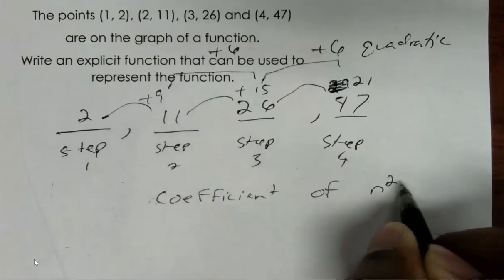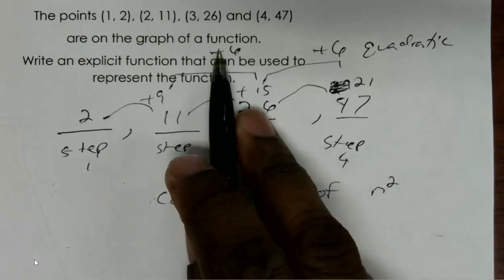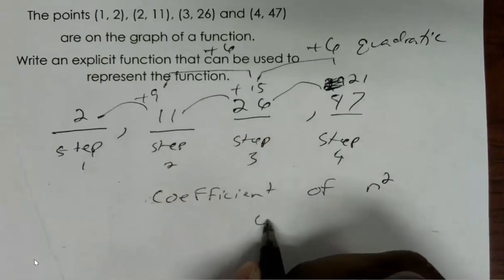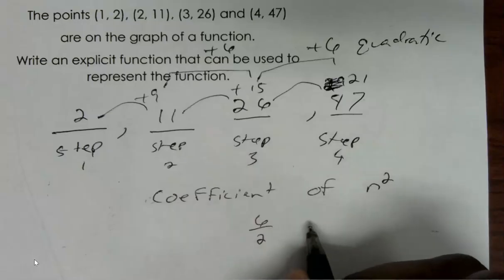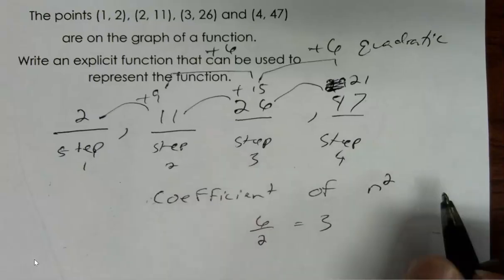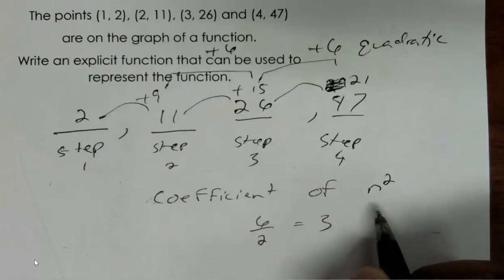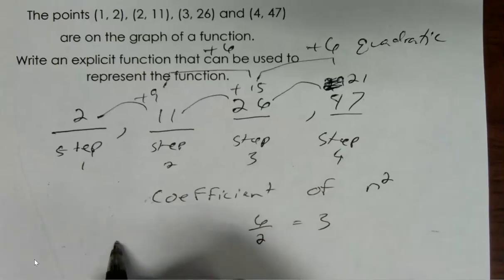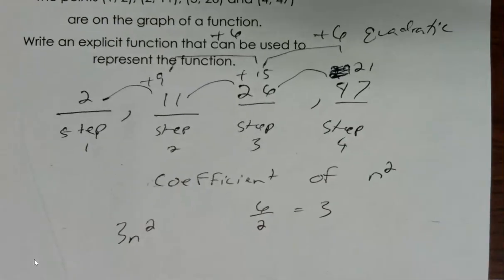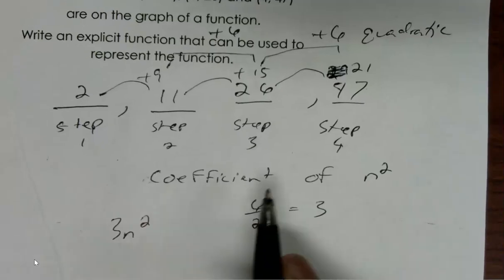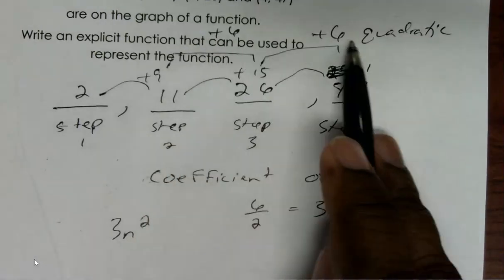The coefficient of n squared is always going to be whatever that common difference on the second level is, divided by 2. So it's going to be 6 divided by 2. It's going to be 3 in front. That means my formula is going to start off as 3n squared. My coefficient of the n squared term should be 3, because now it's 6 up front.